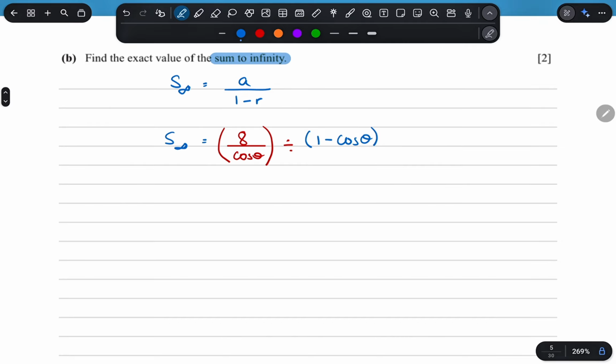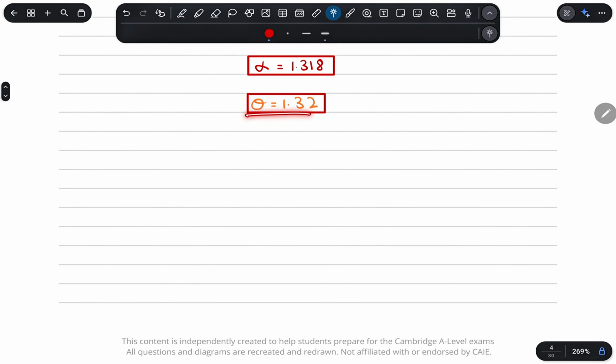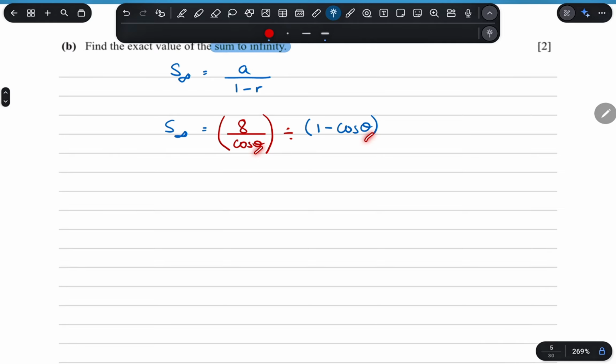Since we also calculated the value of theta, we can substitute it over here.